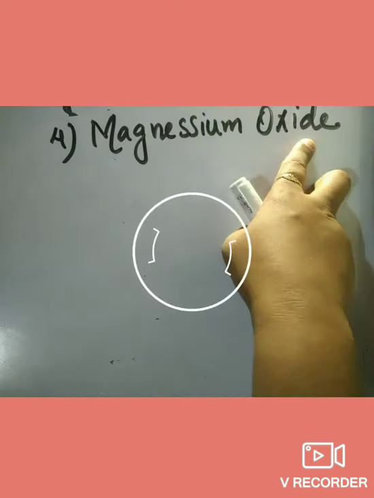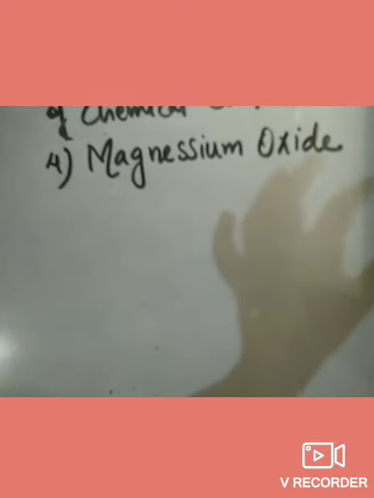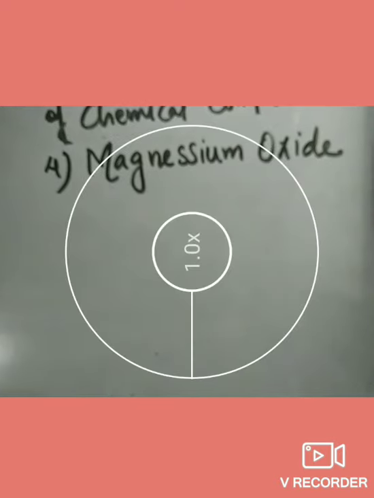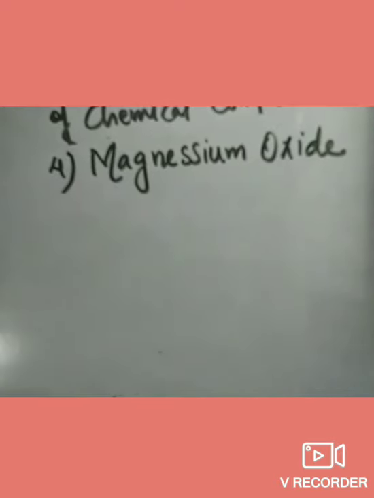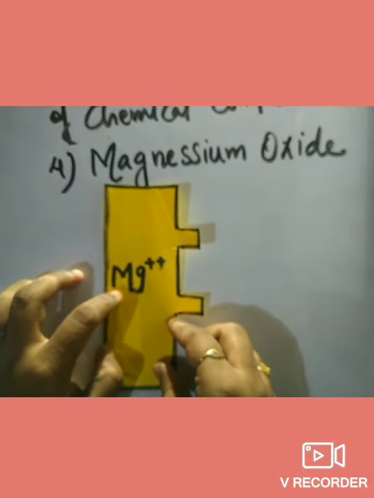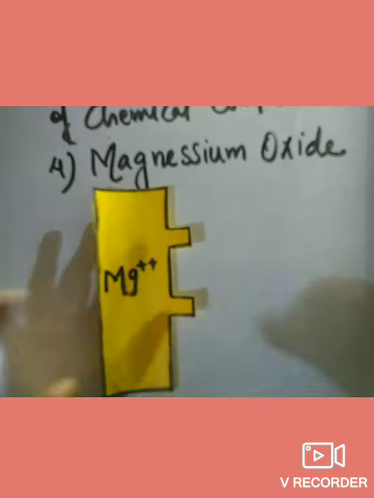One is magnesium and one is oxygen. So I will take first magnesium. Okay, so here is my magnesium. Magnesium is having 2 positive charges.